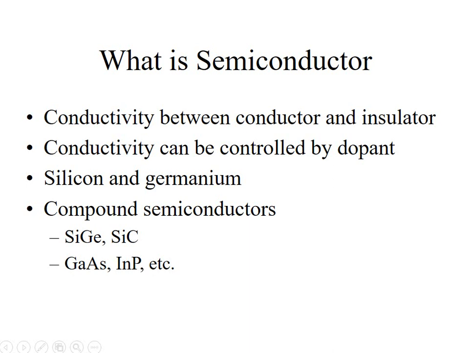A semiconductor's conductivity can be controlled by dopant. Dopant is the minor element that is introduced into the semiconductor material, a very minute amount. Sometimes we say impurities. So that means the semiconductor's conductivity comes from impurity.